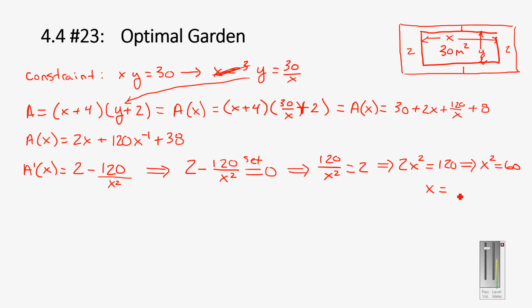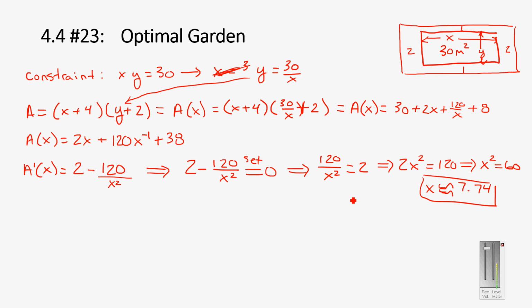Therefore, x equals plus or minus the square root of 60. In this case, the minus doesn't really do anything for me because that would be a negative number. So if I just take the square root of 60, it is approximately 7.74.